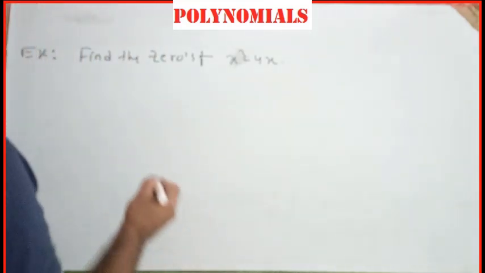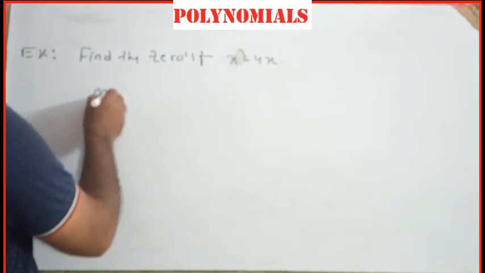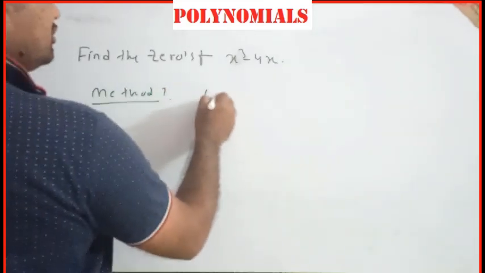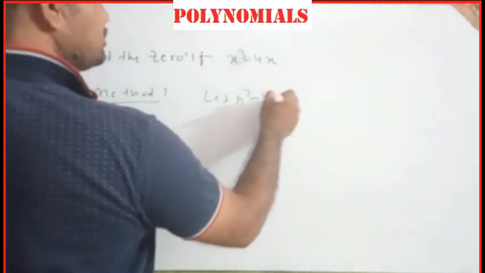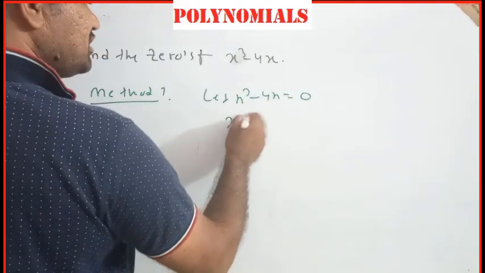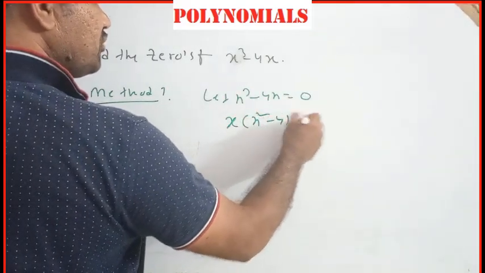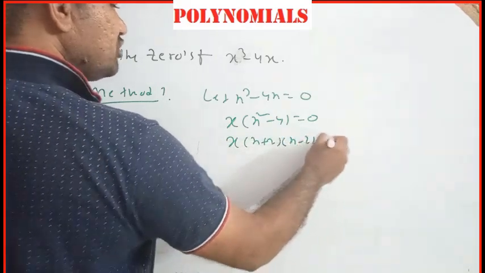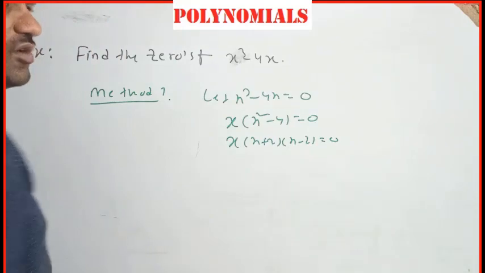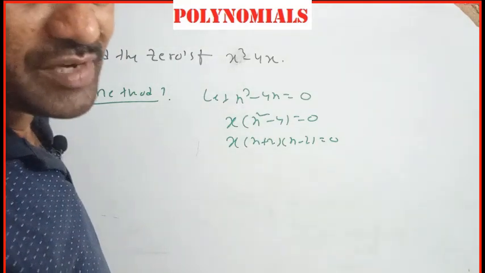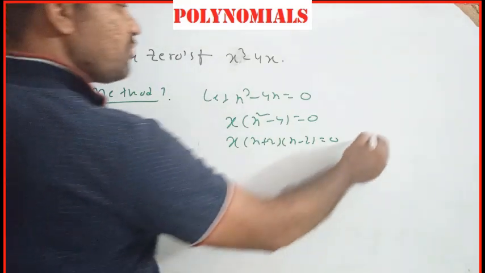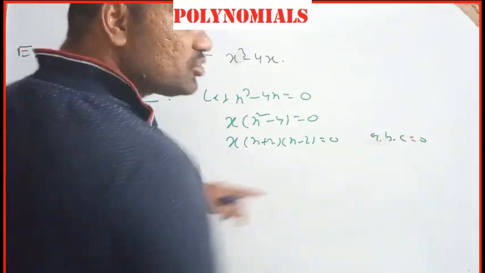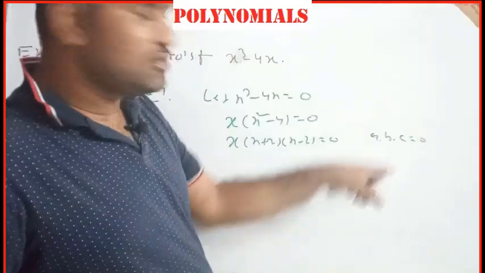Okay, first of all, the algebraic method, method 1. Let x cube minus 4x equal 0. Taking x common, x(x square minus 4) equal to 0, or x(x plus 2)(x minus 2) equal to 0, because x square minus 2 square is a square minus b square, which is (a plus b)(a minus b). So this is in the form of a into b into c equal to 0. A into b into c equal to 0 means either a equal to 0 or b equal to 0 or c equal to 0.